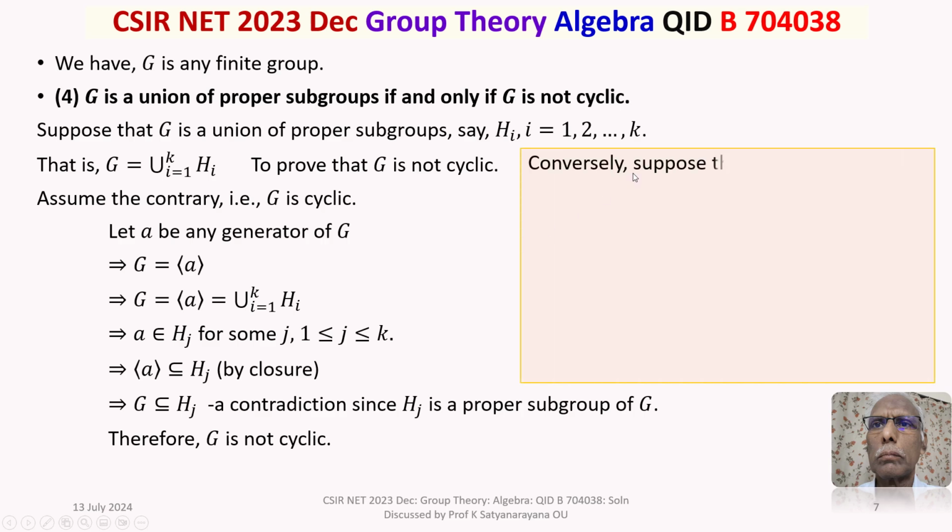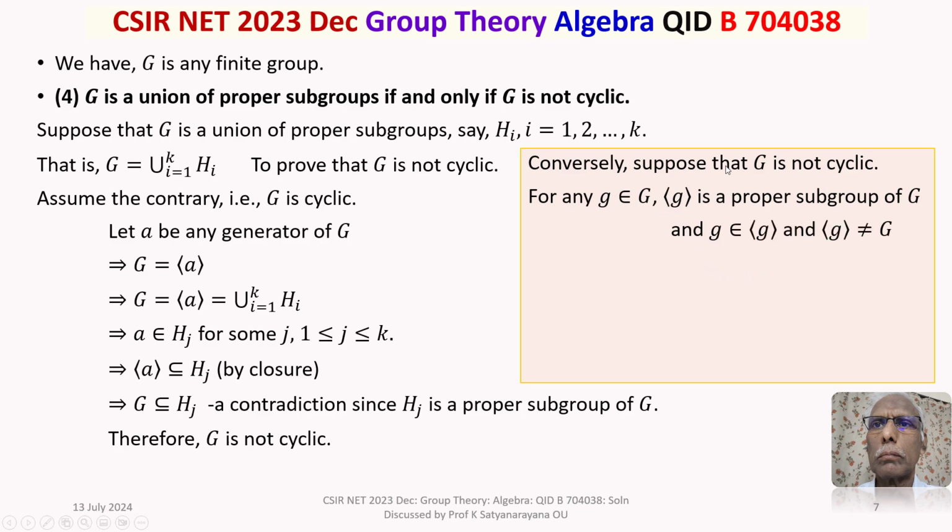Now, conversely, suppose that G is not cyclic. When G is not cyclic, no element of G generates G. So for any g belonging to G, the cyclic subgroup generated by g is a proper subgroup of G. It will never be equal to G for any g.